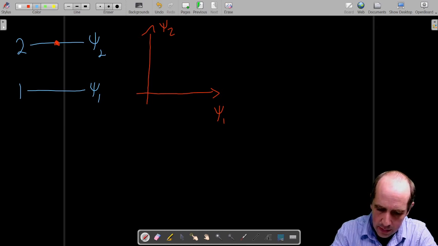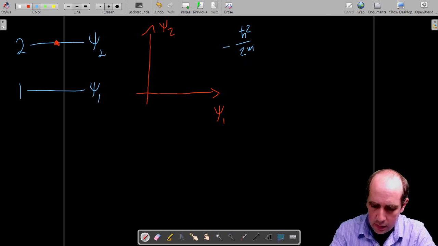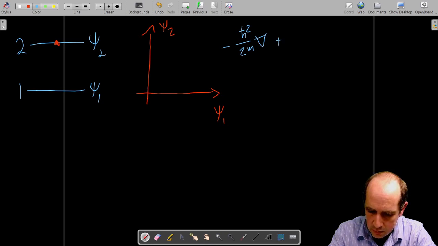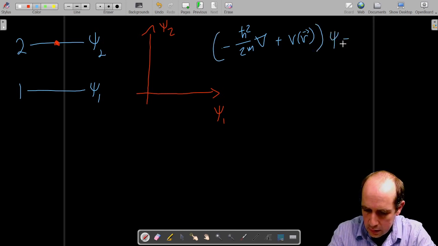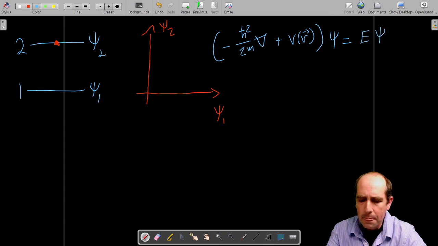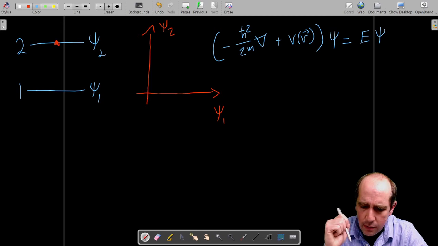So we have minus h bar squared over 2m Laplacian plus the potential of R, applied on the wave function equals the energy times the wave function.